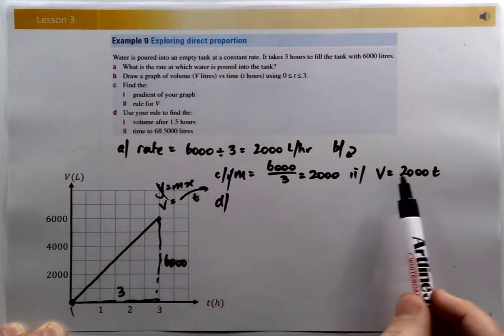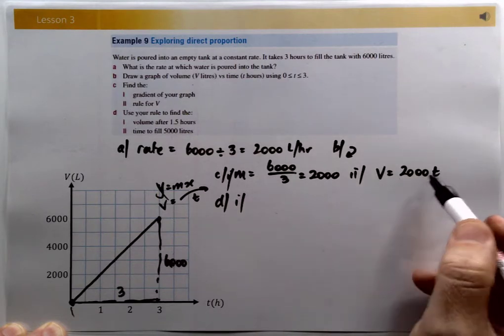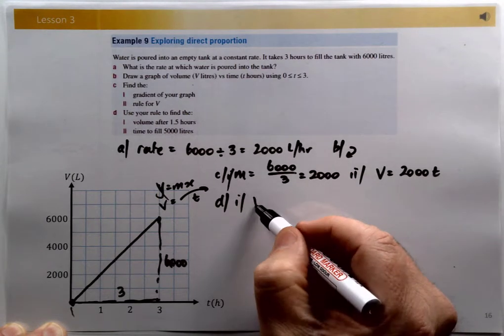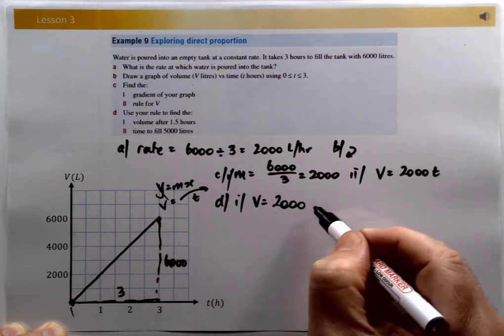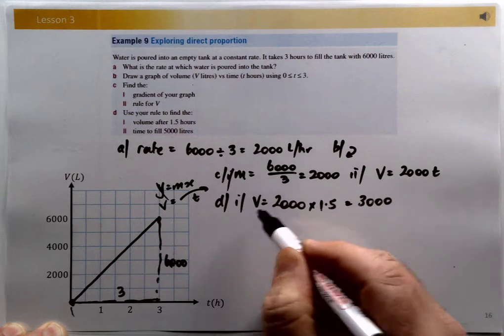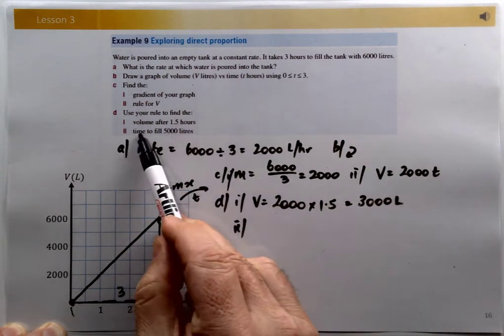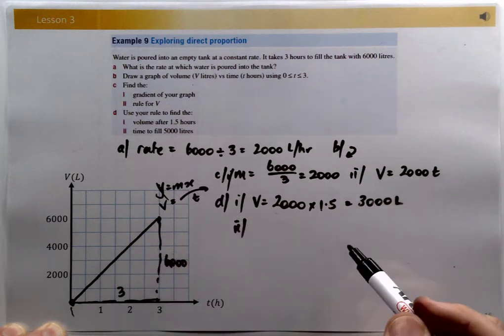Part D, so we're going to use this rule here to find the volume after 1.5 hours. All we need to do is replace t with 1.5. That's going to be equal to 3,000. Because it's a volume, that will be in litres. Part 2, the time taken to fill 5,000 litres.